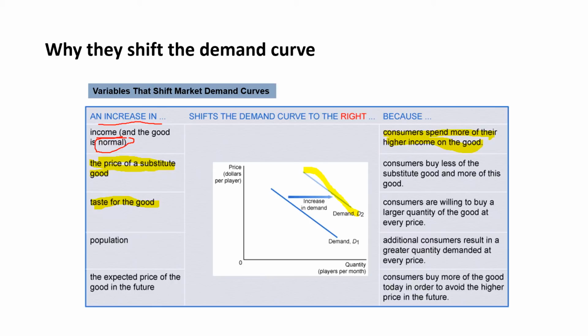More people means more demand. The expected future prices of the goods: if there's an increase in expected prices, consumers will buy more of the goods today in order to protect themselves from higher prices in the future.